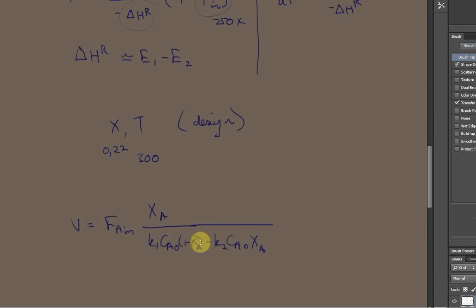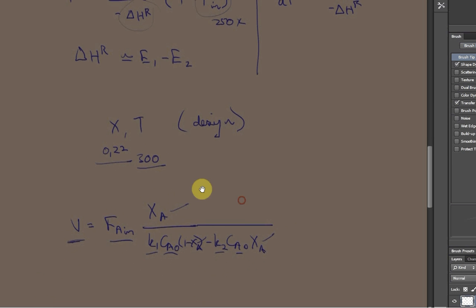And of course, we have the Arrhenius relationships for K1 and K2. So we can substitute X is 0.22 here, here, and here. CA naught is known. So we know the inlet concentration of A, and then T is known. So we can evaluate K1 and K2 for a temperature of 300 Kelvin. So that's known, and then that's known. So everything is known here, and we can calculate the volume.